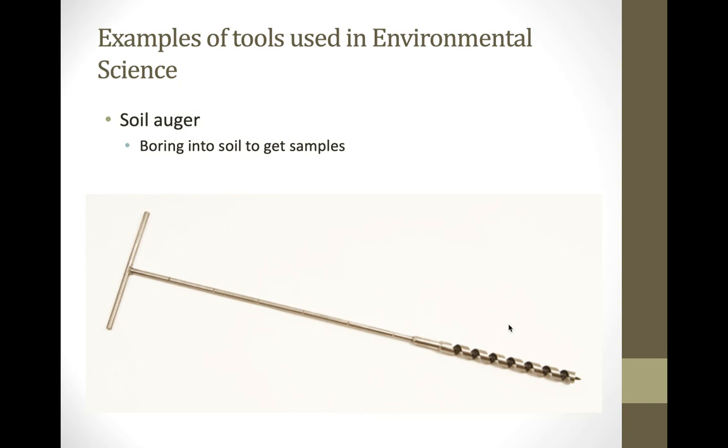A soil auger, though, can do the same thing without leaving a big mess. You actually can take soil samples so that you can look at those and see what it is that you're working with in a particular area. There also are soil tubes that don't necessarily have the auger piece on them that you can stick down into soil and get the samples as well.